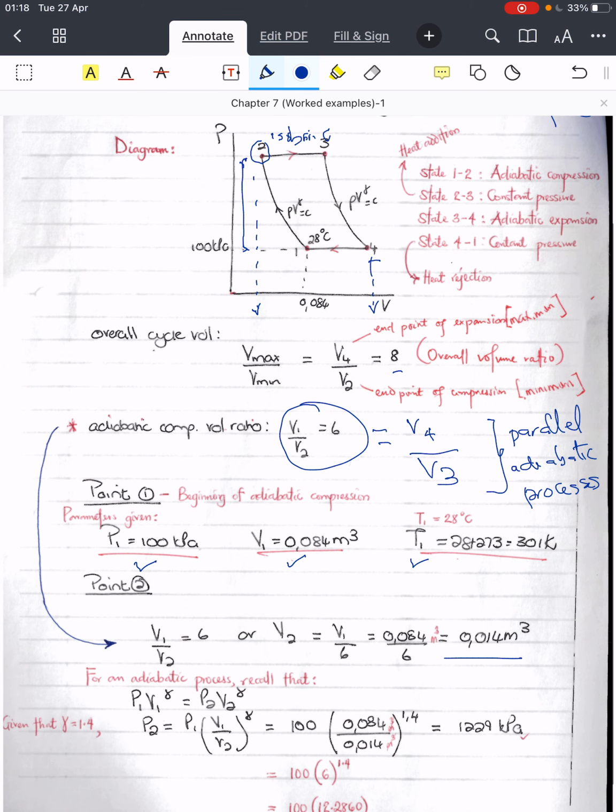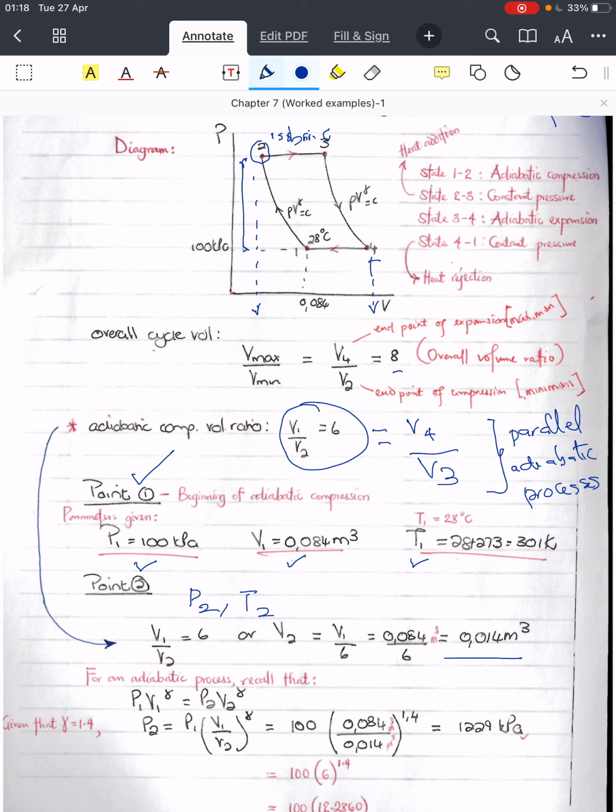The next thing is point 2. Point 1 is done. At point 2, we have V2 from that equation. What are we left with? It will be P2 and T2. What is happening at point 2?